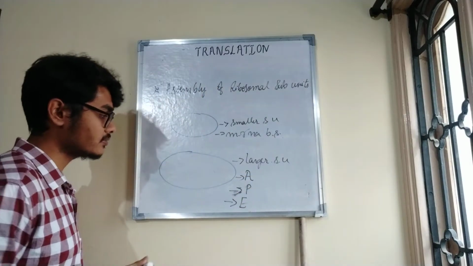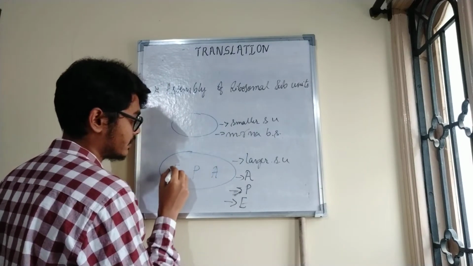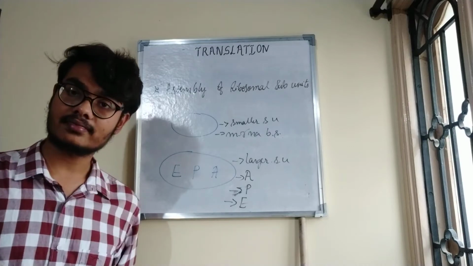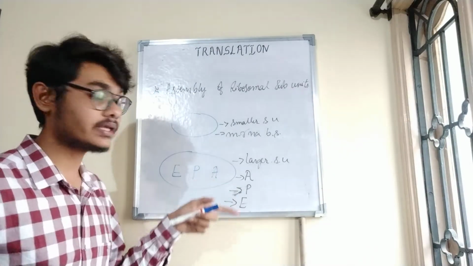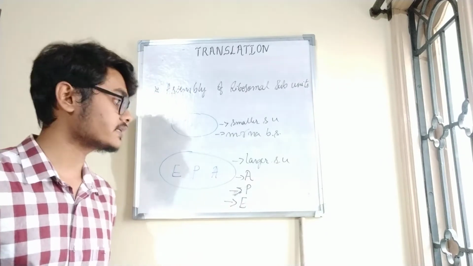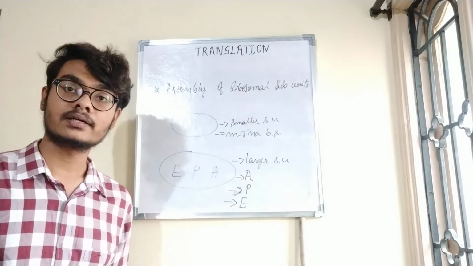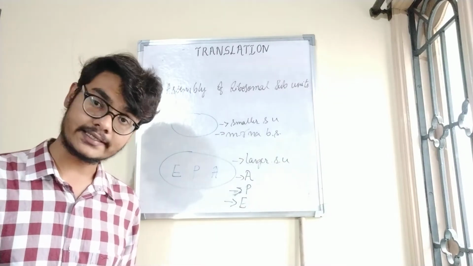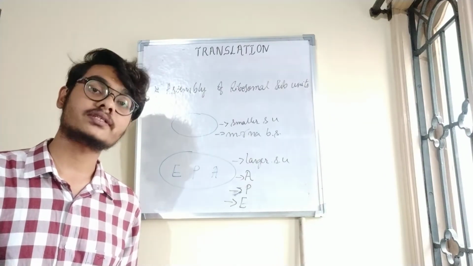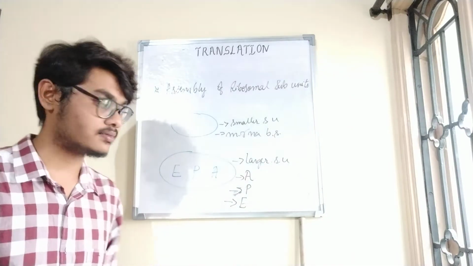A site is nothing but amino acid site, where the activated amino acid comes and binds. P stands for peptidal site, there the peptide bond formation takes place, and E is the site from where the tRNA is going to take leave, or from which tRNAs are going to exit.